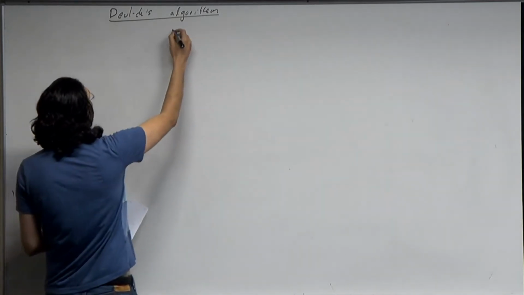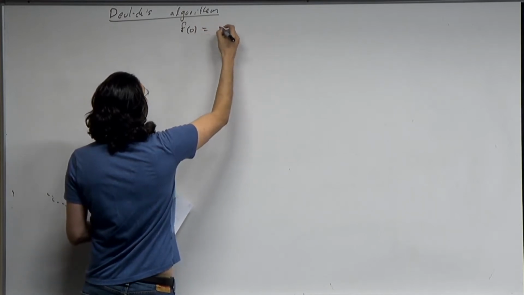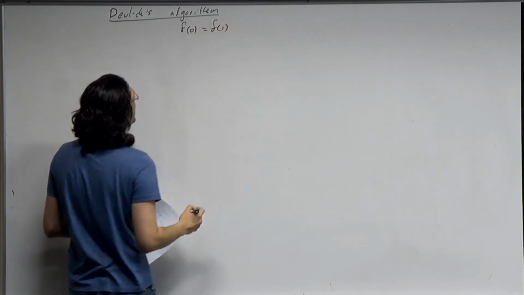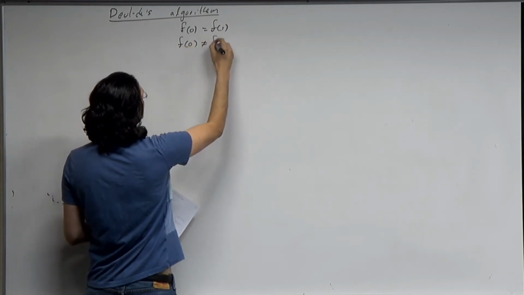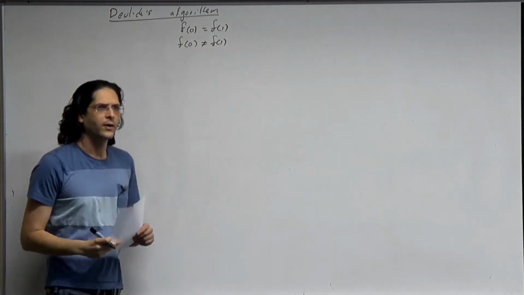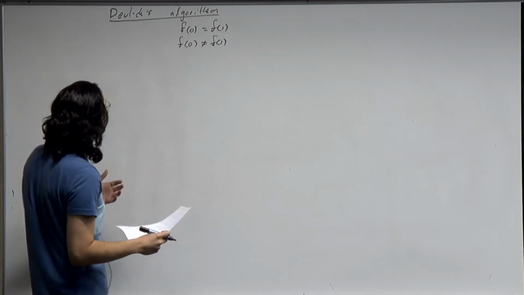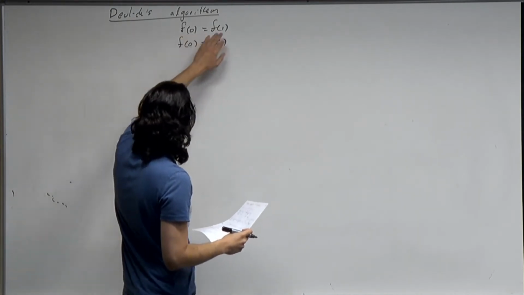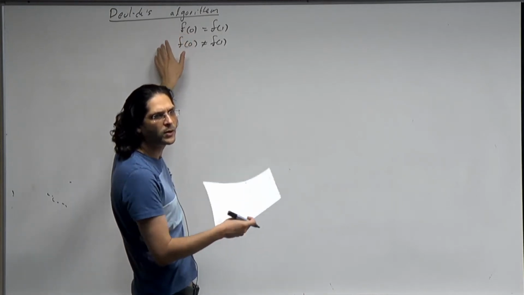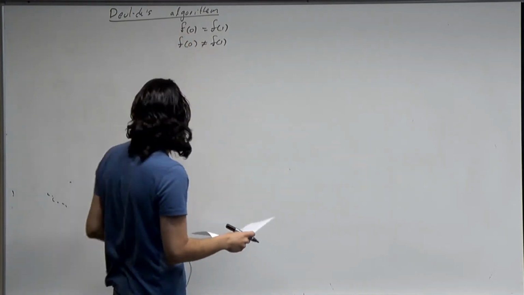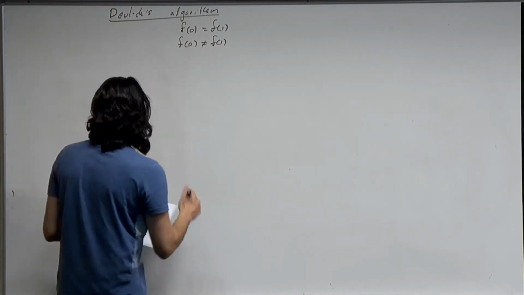We want to know if the function f of 0 equals f of 1, or if f of 0 does not equal f of 1. So f is a one-bit function. It gets 1 bit, and it outputs 1 bit. So it could be that f of 0 equals 0 and f of 1 equals 0, or f of 0 equals 0 and f of 1 equals 1, and they don't equal, and so on. So there are basically four options for this function.